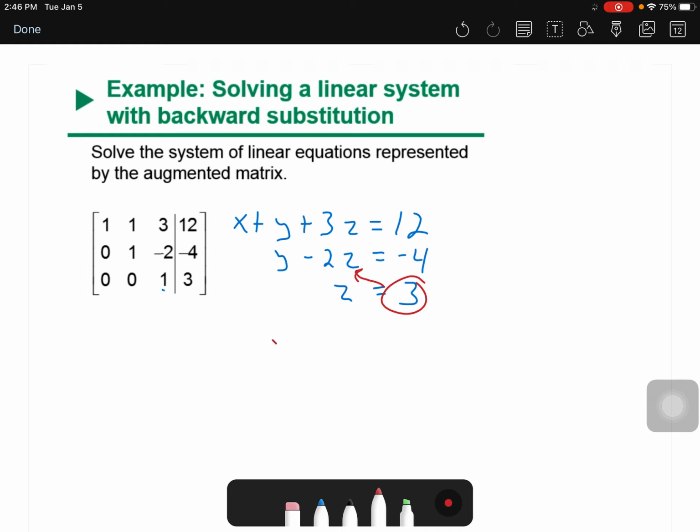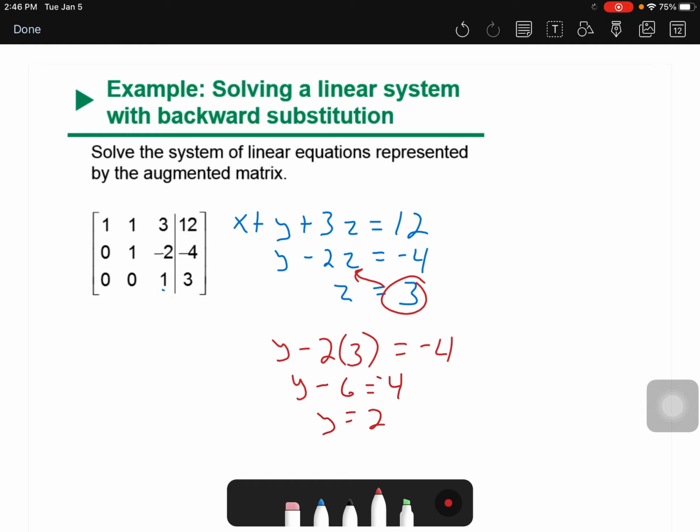When I do that, I'll have y minus 2 times 3 equals negative 4. So y minus 6 equals negative 4. Then I'm going to add 6 to negative 4, so y would equal 2.